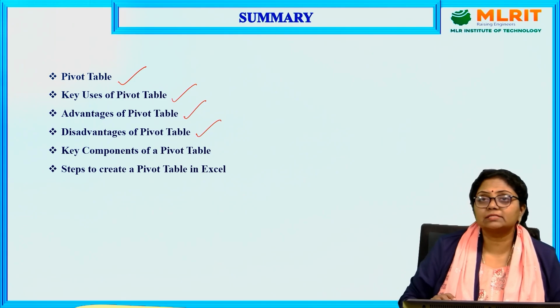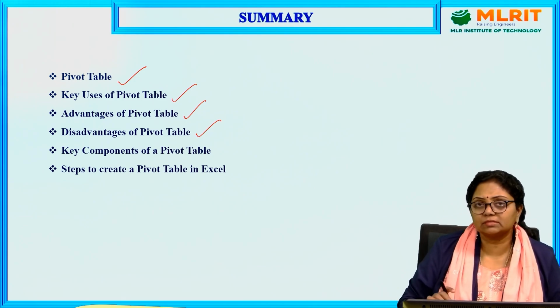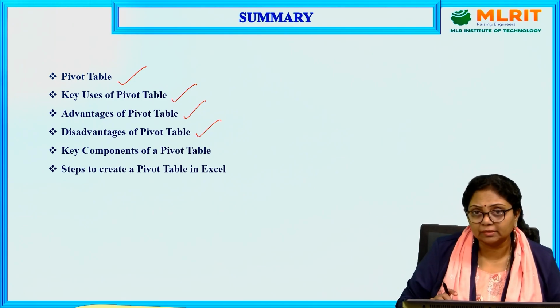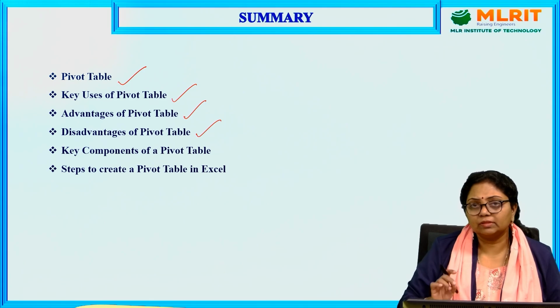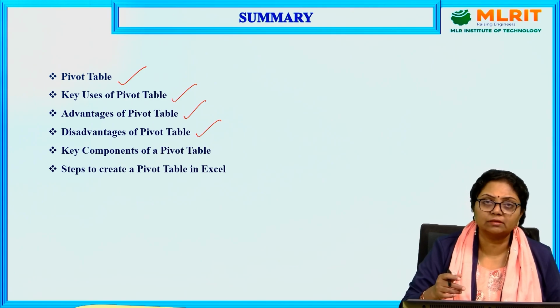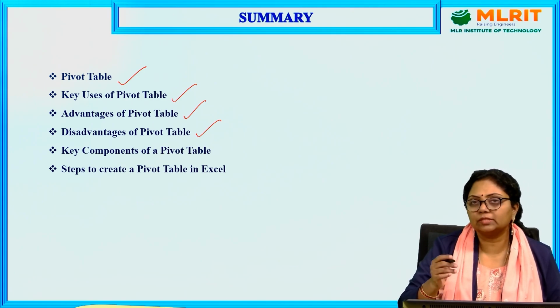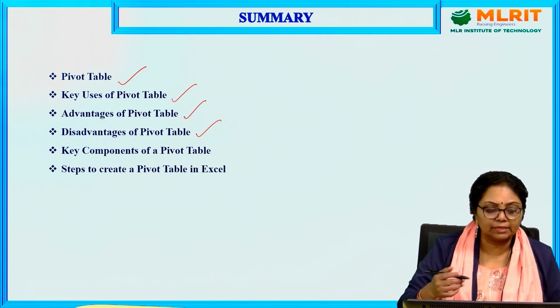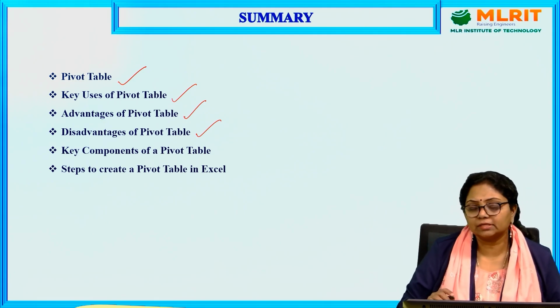It is sometimes a little confusing for the beginners, because they should understand what data should be kept in the columns category and what data should be placed in the rows category. So a little confusion comes. Once the concept is known to them, then they can easily do it. So that is one certain disadvantage.